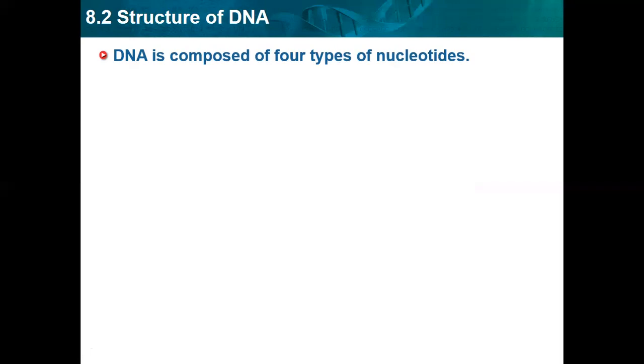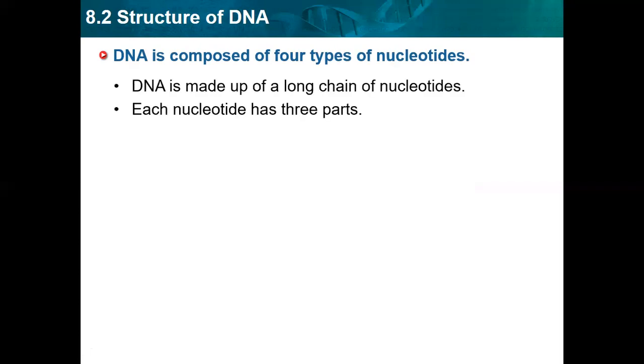DNA is composed of 4 types of nucleotides. The DNA is made up of a long chain of nucleotides. Nucleotide bases are the base pairs that make up the DNA. The meaning is the bases are arranged in line to form a long chain.